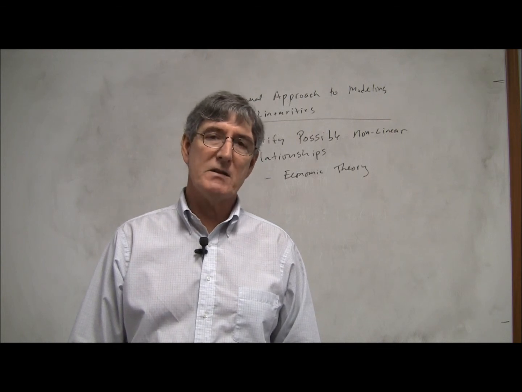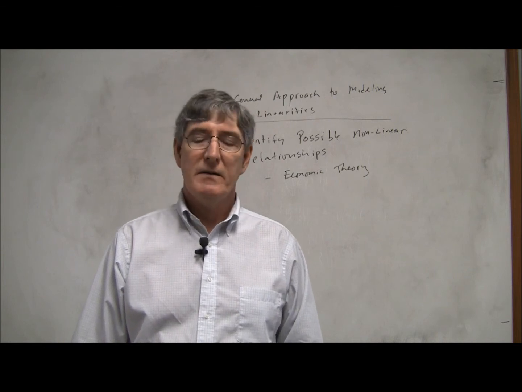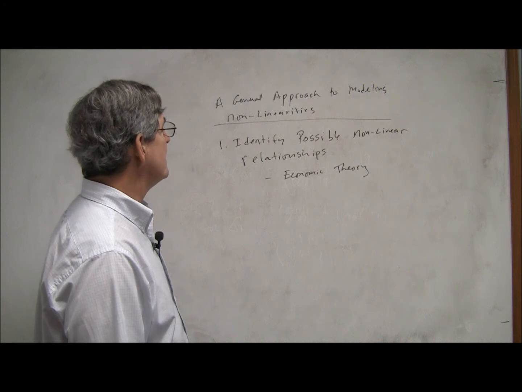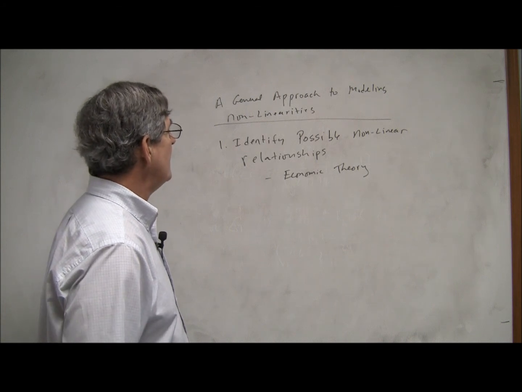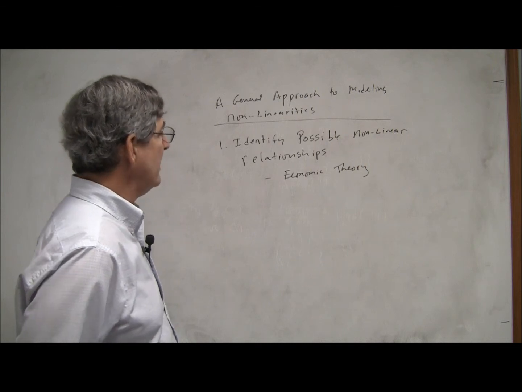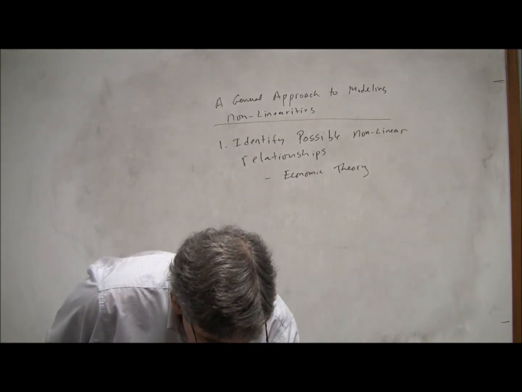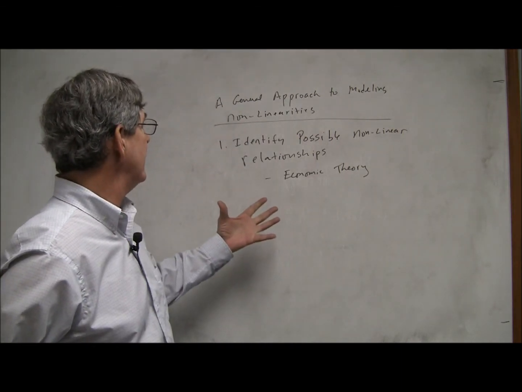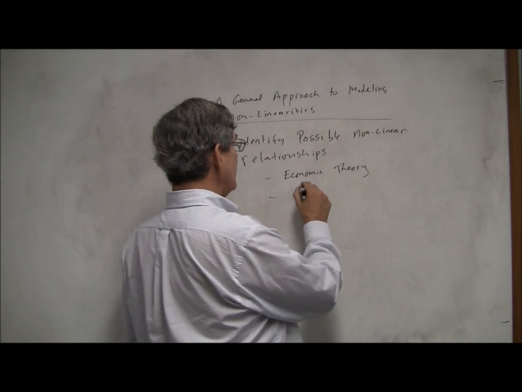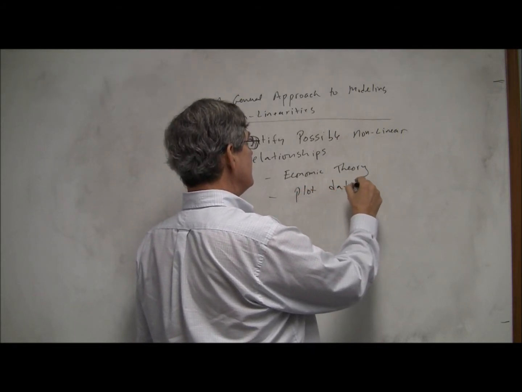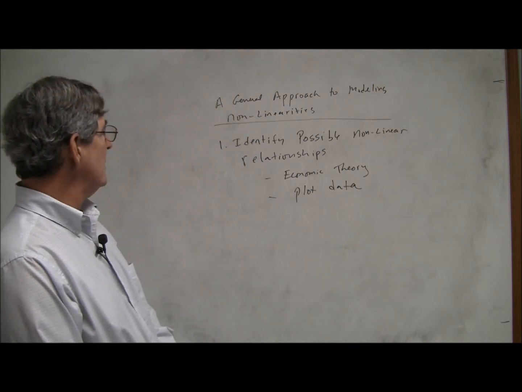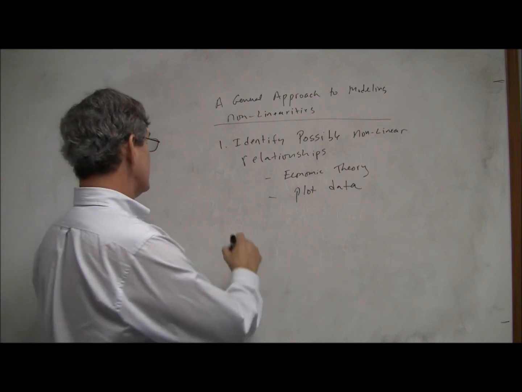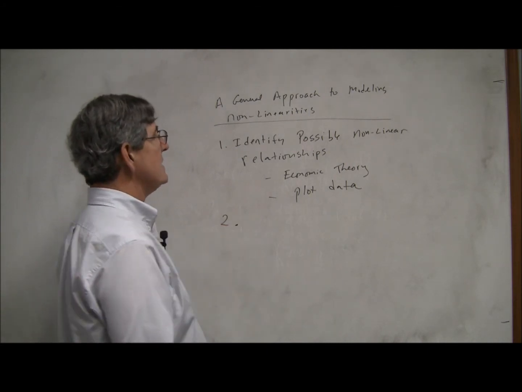We saw massive changes in money supply during the Great Recession. The effect on income was very, very limited. So often you can just think about economic theory and it will tell you to expect a nonlinear relationship in the data. You can also plot the data, and sometimes those plots will point you to possible nonlinearities as well. But economic theory is your first method of identifying those things.